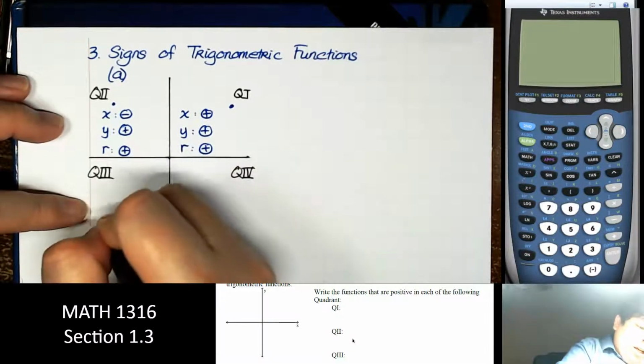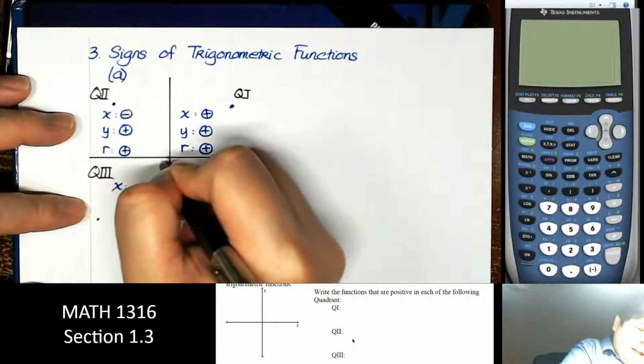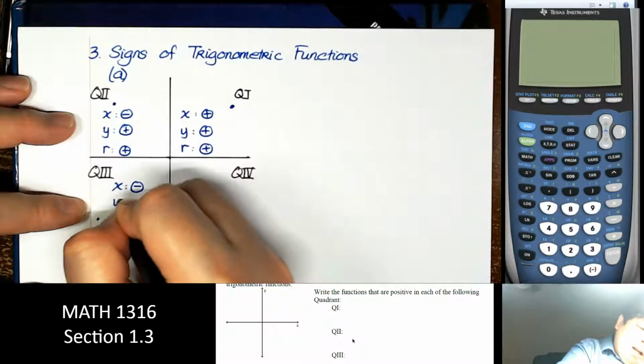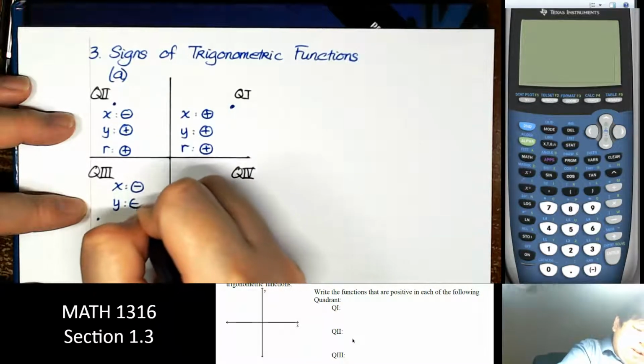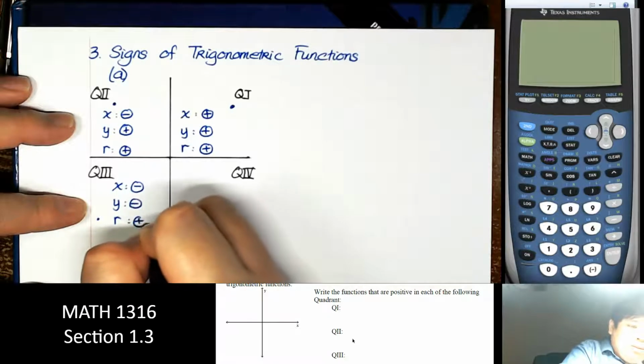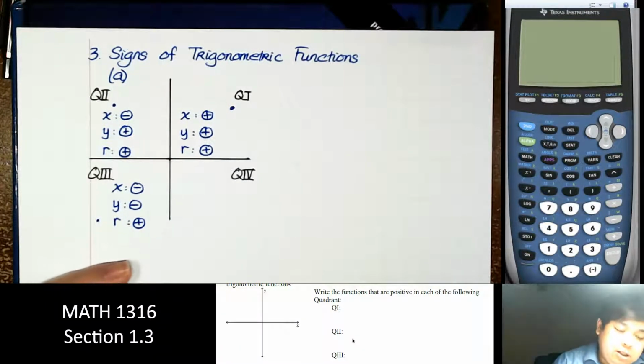Quadrant 3, if the point is here, x is on this side, so it's negative, y is negative, and r always positive. Right?